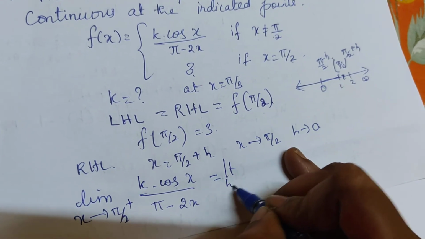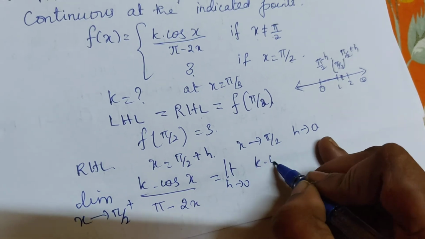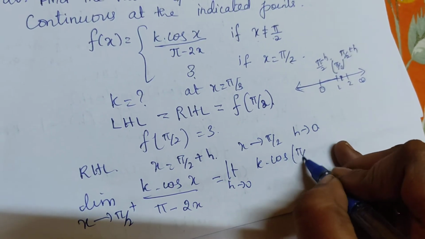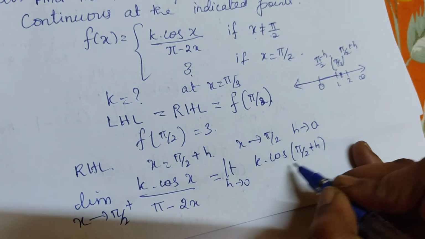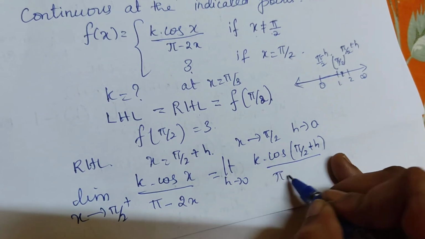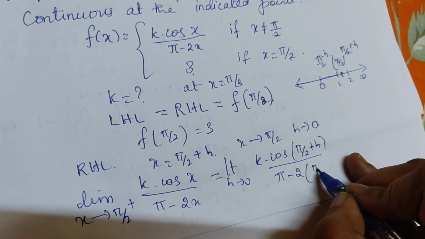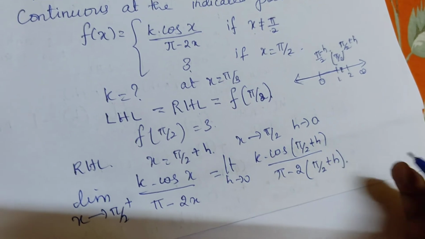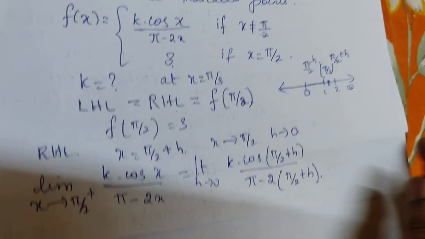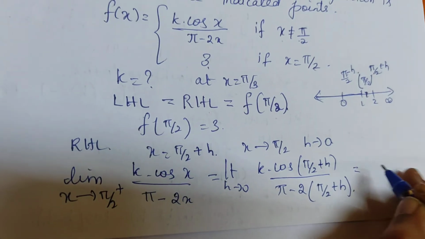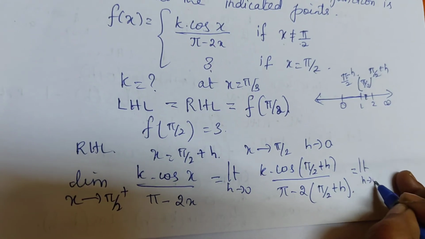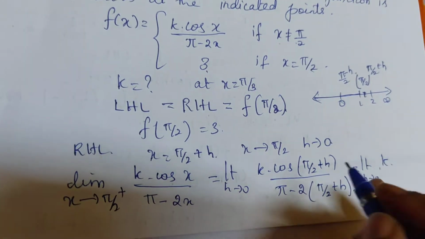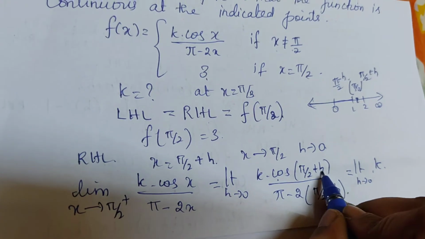So limit h tends to 0, k cos of pi by 2 plus h, divided by pi minus 2 times pi by 2 plus h. Now we can rewrite it as limit h tends to 0, k, and here cos of pi by 2 plus h.